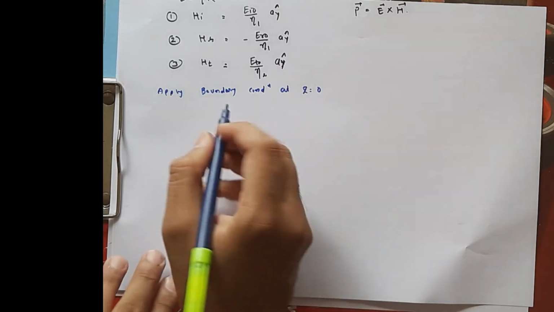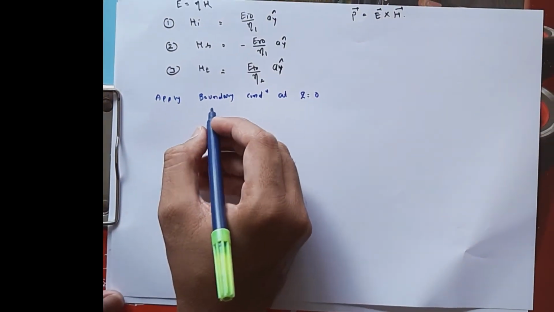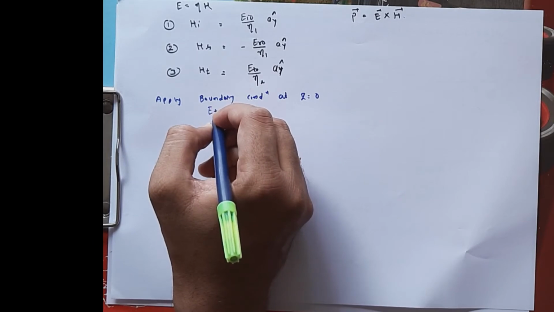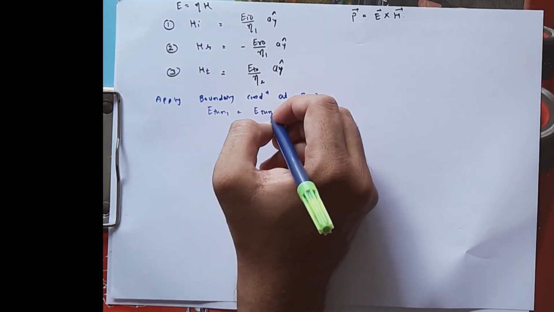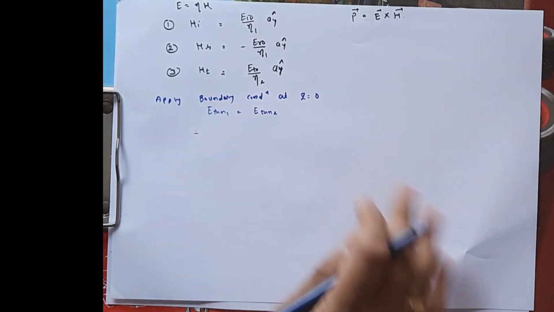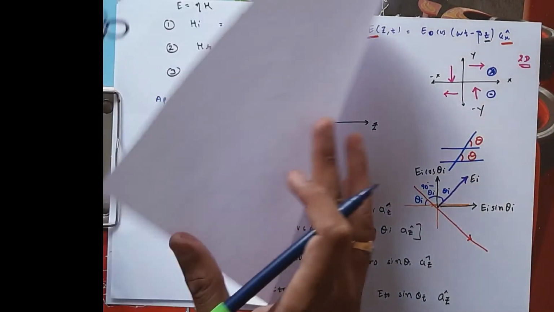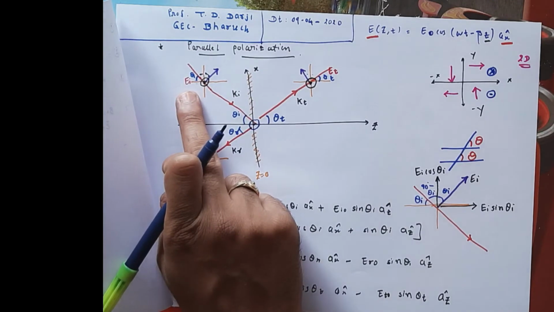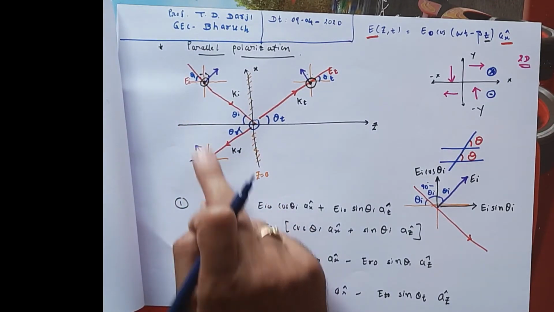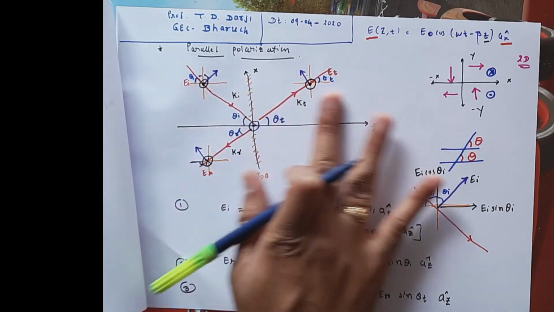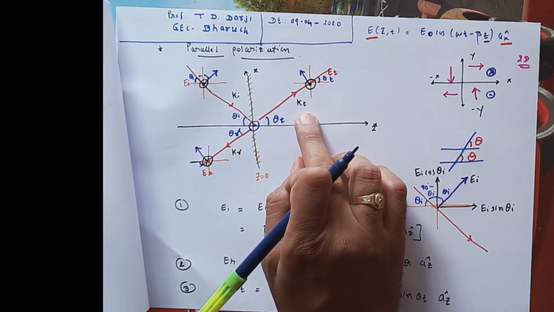Okay, we know that the boundary condition for electric field is E tangential at the first medium is equal to E tangential component at the second medium. In the first medium, which components are present? Incident electric wave and reflected electric wave are present in the first medium. In the second medium, only the transmitted electric wave is present.